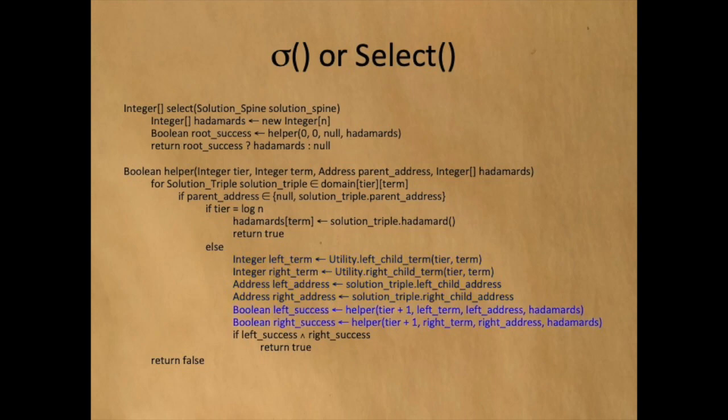The real work is done by calling the helper recursively on the left child and on the right child. This is the fractal search. If both children have been filled in properly, it returns true. Otherwise, the loop continues with the next solution triple. If no solution triple leads to filling in all of the Hadamard values below this node, then the function returns false.